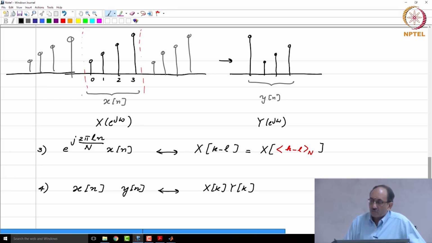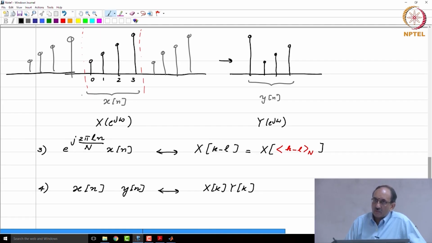When we talked about multiplication in the time domain in the DTFT context, if you recall, in the transform domain it was convolution, but we mentioned that that convolution is not your usual convolution but circular convolution, because both the transforms are periodic.